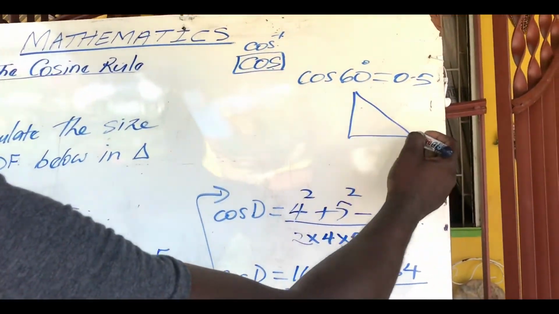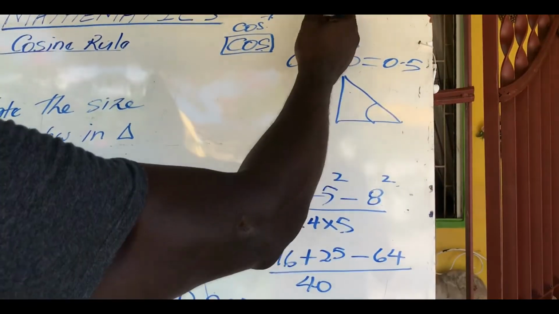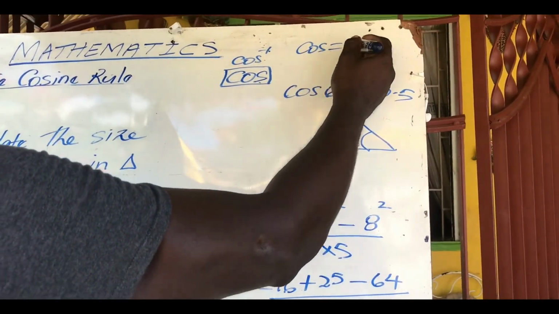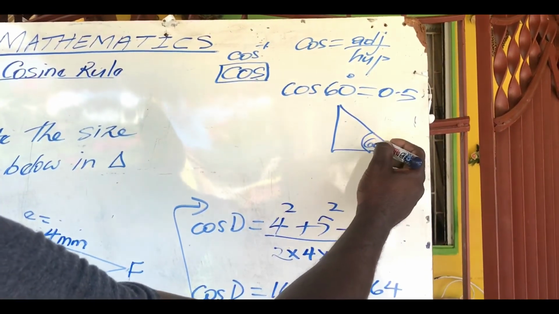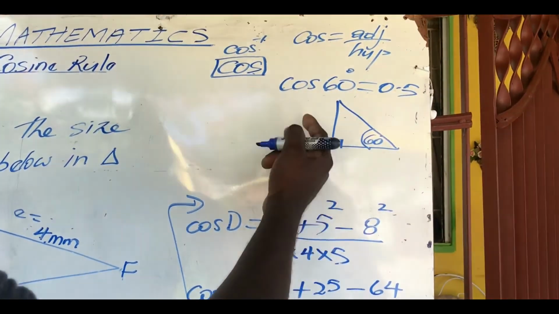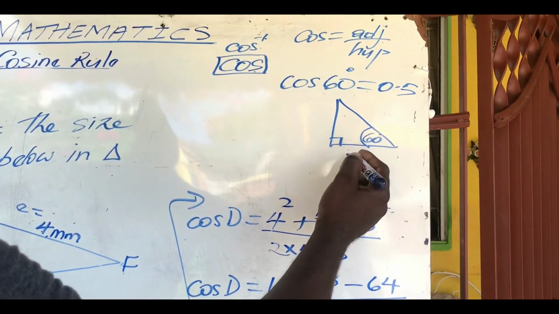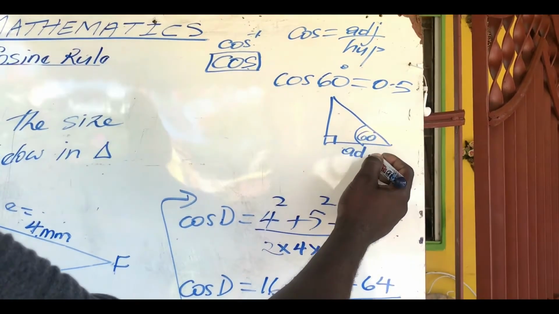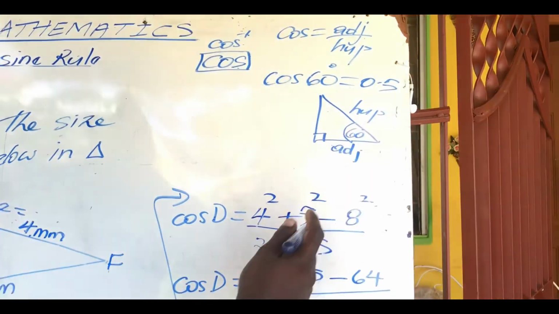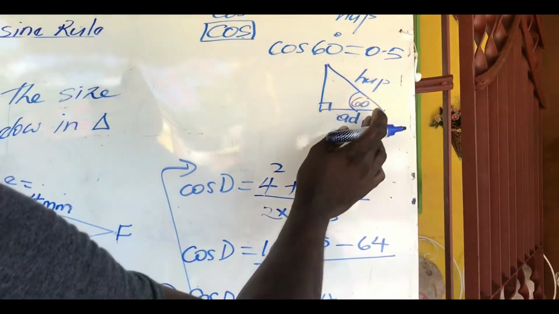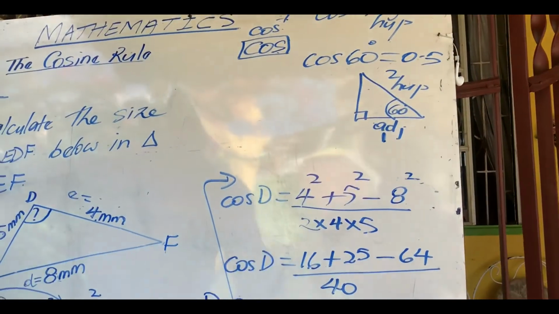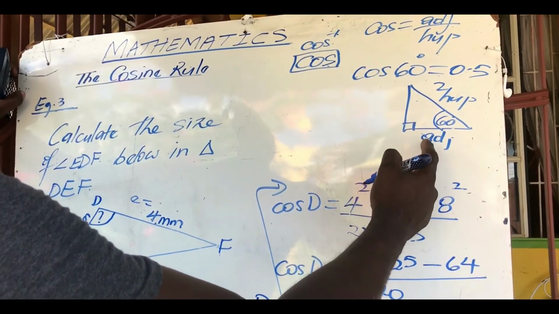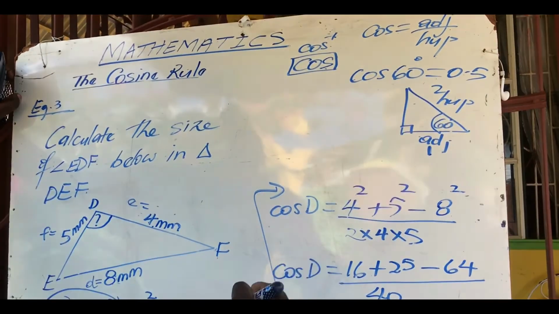We know that cos equals the adjacent over hypotenuse. So if this is 60 degrees, and this is a right angle triangle, this here is the adjacent side, and this is the hypotenuse. So cos 60 degrees being a half is like, okay, this is 1 and that is 2. So cos 60 degrees is a half, adjacent side over the hypotenuse.